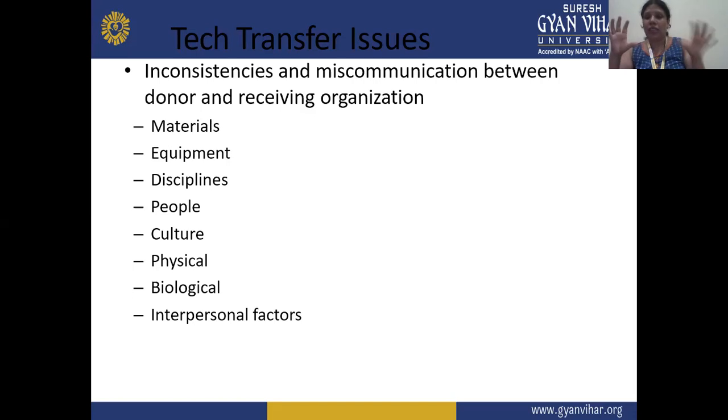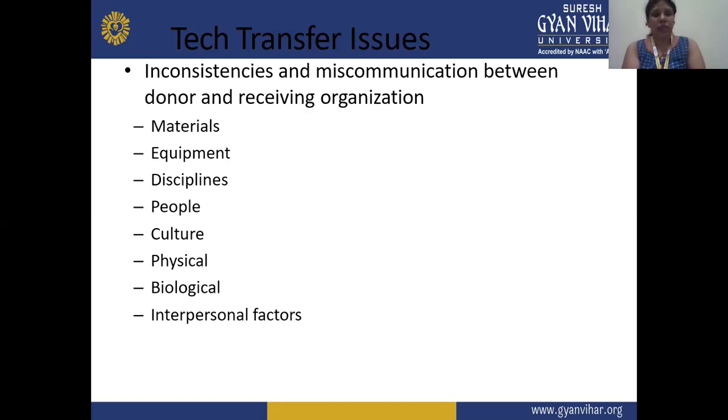So one is giving their technology to the other. If the one who is giving is not transferring the proper information to the receiver, not doing the proper communication with the receiver, so what will happen? There is no proper technology transfer, no successful technology transfer may happen.